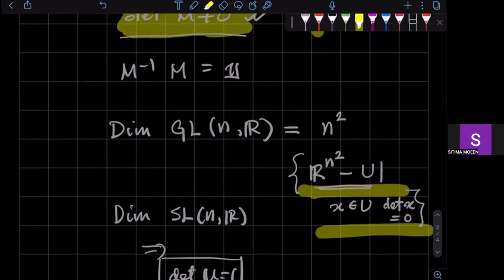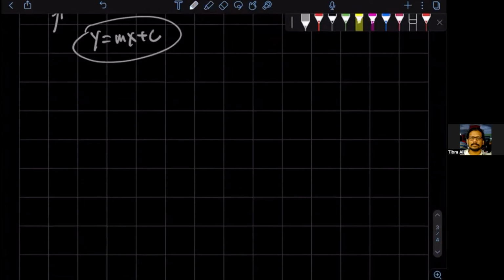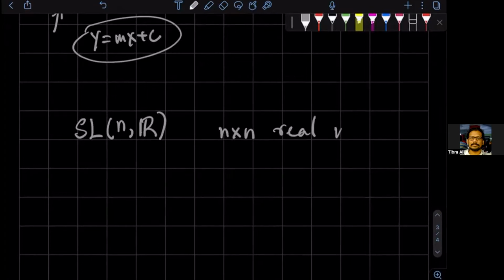Okay. Right. So, of course, this brings us very naturally to the discussion of SLNR. So SLNR is the group of n by n real matrices, say M, such that the determinant of M is 1.